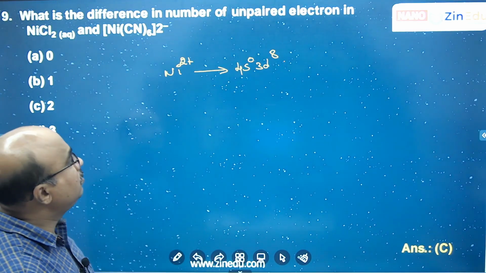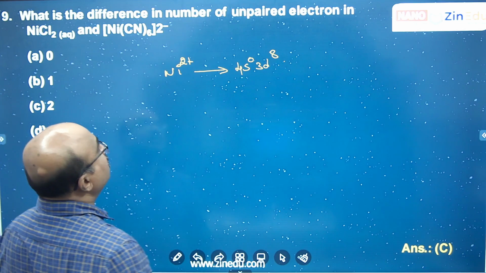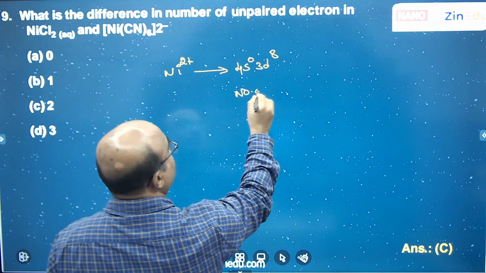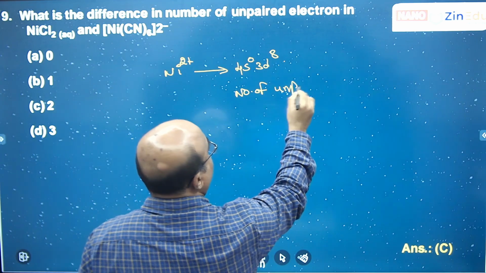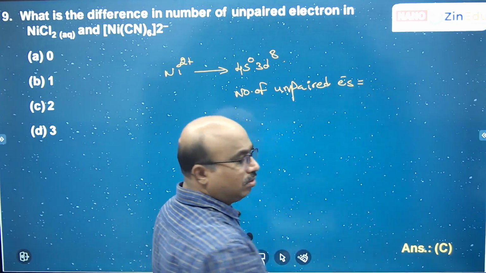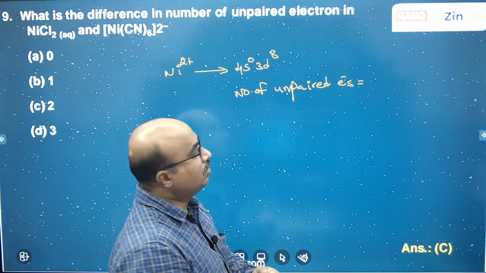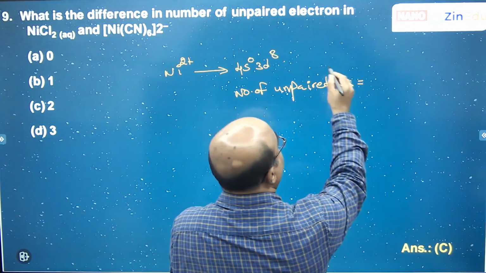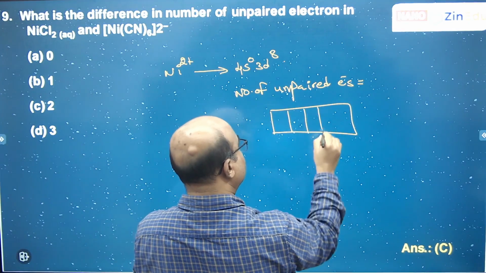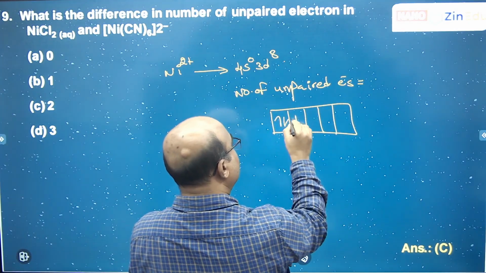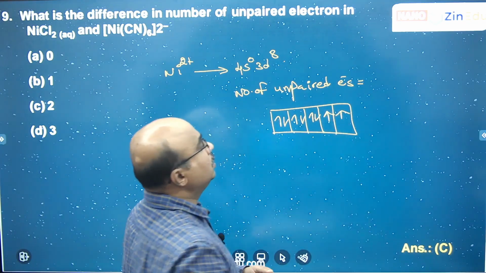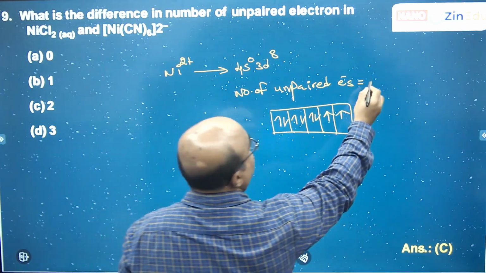So here it is having d8 configuration, so the number of unpaired electrons: if you follow Hund's rule and fill these d orbitals, the degenerate orbitals, the d8 configuration will be like this, giving 2 unpaired electrons.